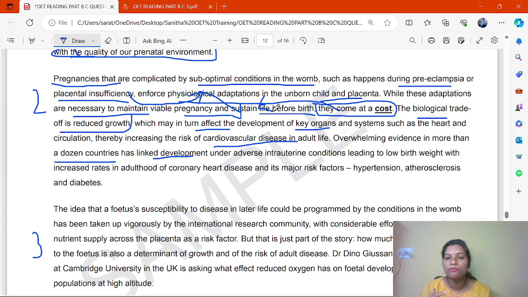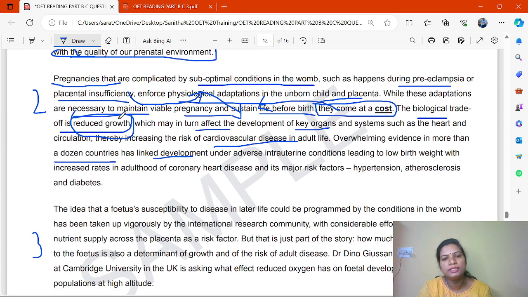That means when we have to pay something for the life of the child, there is a biological trade-off, that is reduced growth. If there is any placental insufficiency or preeclampsia, there is reduced blood supply to the organs and systems, which leads to reduced growth of the child.